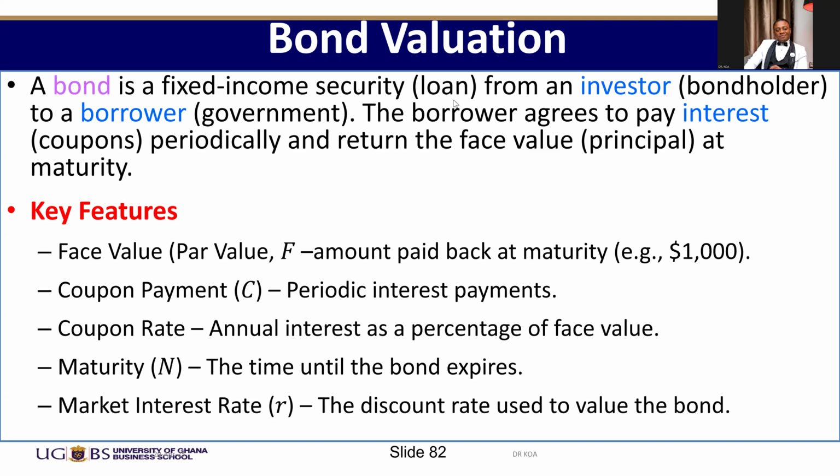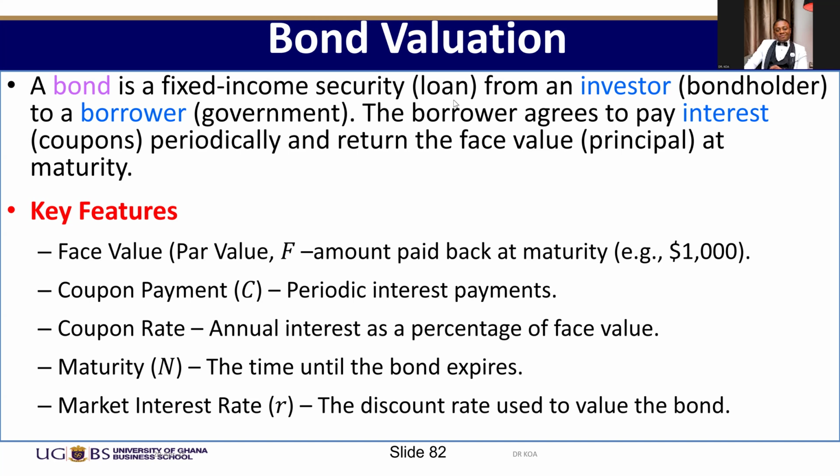Now, one has periodic interest. Which one has periodic interest? Which one has no periodic interest? The bonds have periodic interest. The treasury bills do not have periodic interest. They just have a discounted price, because treasury bills are sold at a discount to their face value.